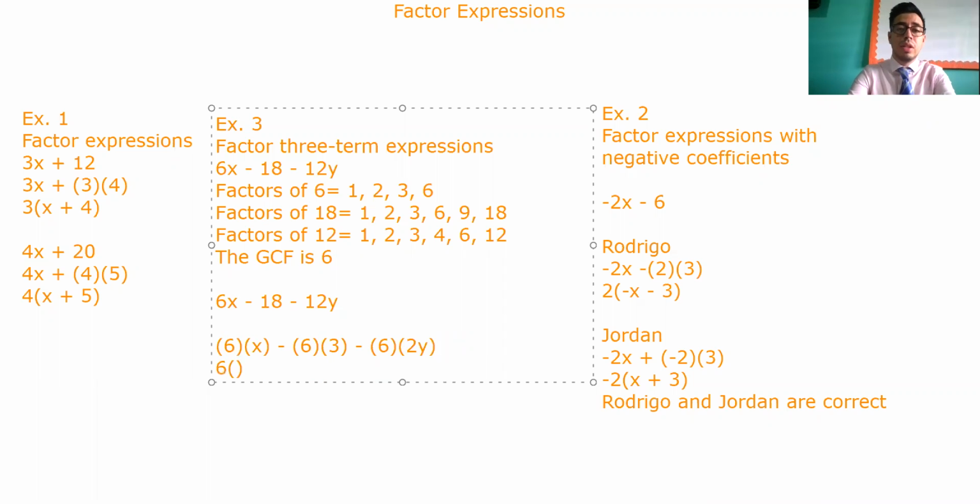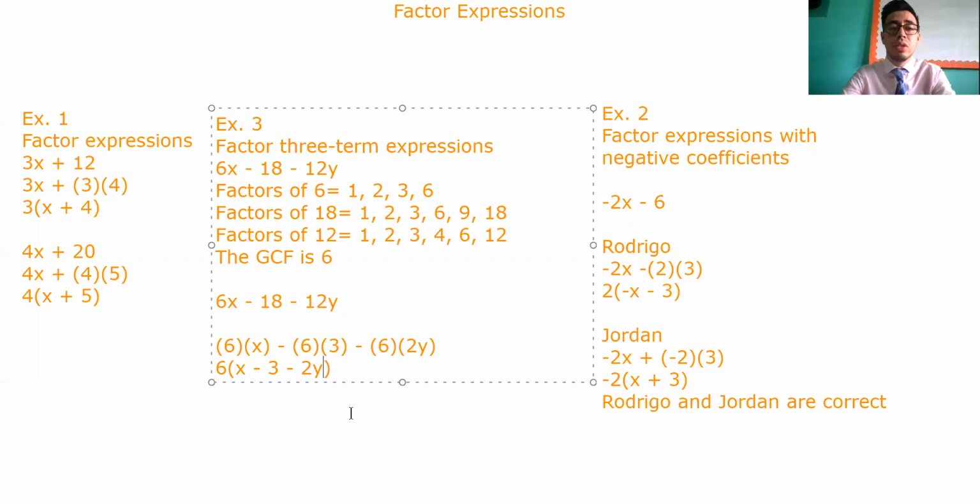The greatest common factor is 6, and I write the numbers in the way I have it: x minus 3 minus 2y. Okay, because if I eliminate the 6 in here, for example, you have negative 3. If I take away the negative 6, you have negative 2y. So this is the factored expression we obtain: 6 times x minus 3 minus 2y.